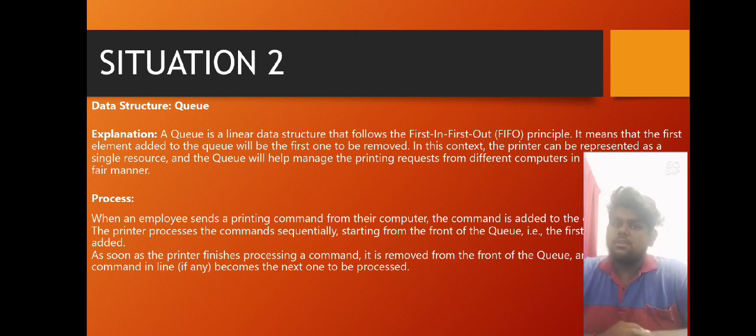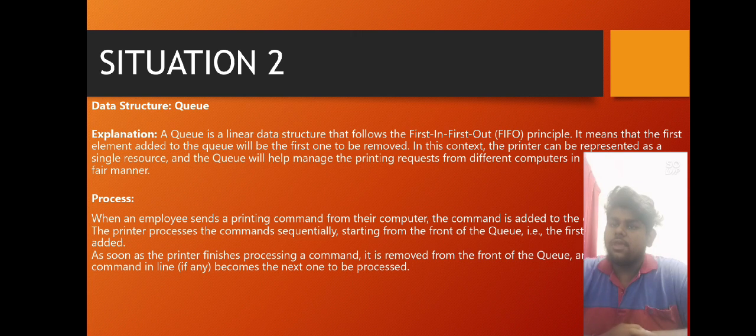For the process, when an employee sends a printing command from their computer, the command is added to the end of the queue. The printer processes the commands sequentially, starting from the front of the queue, i.e. the first command that was added.